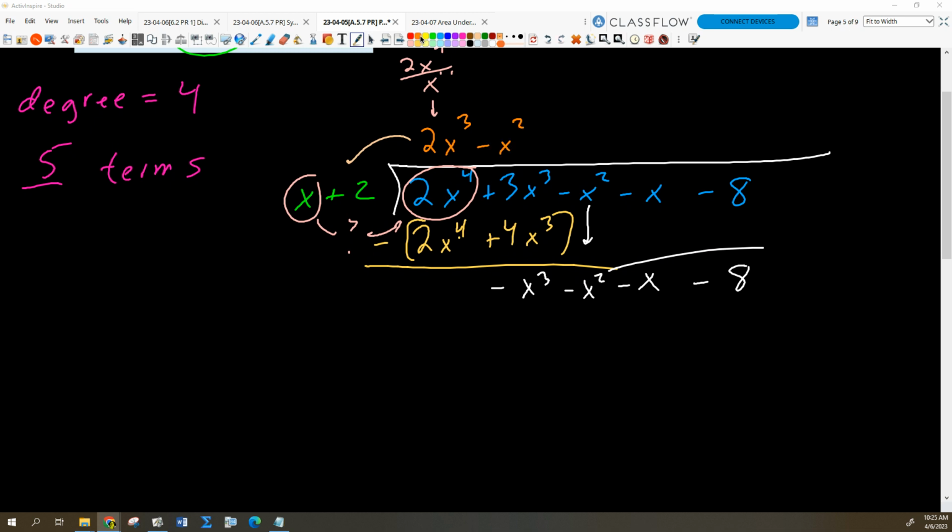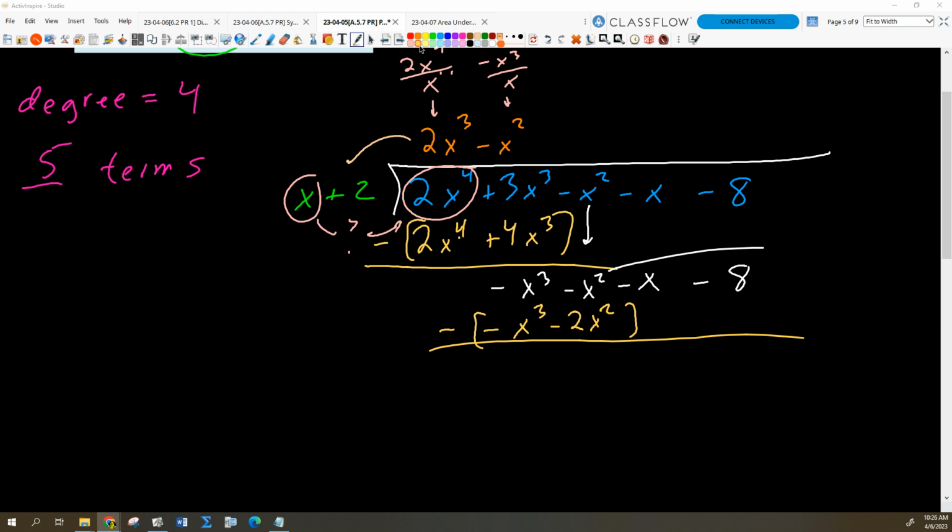And again, I can also get that by saying negative x cubed divided by x is negative x squared. So I multiply by what's out front, and I get negative x squared times x is negative x cubed. Those guys always have to be the same, don't they? Every time. Negative x squared times positive 2 is negative 2x squared. I put brackets around it, negative sign out front to remind me I'm subtracting in triangles.